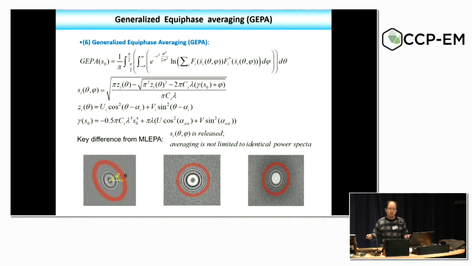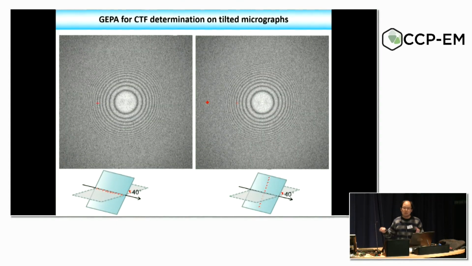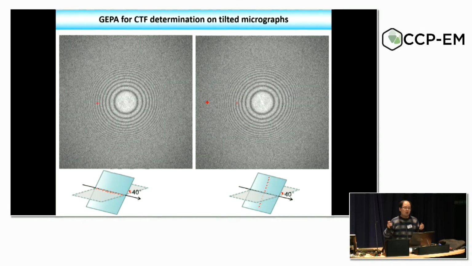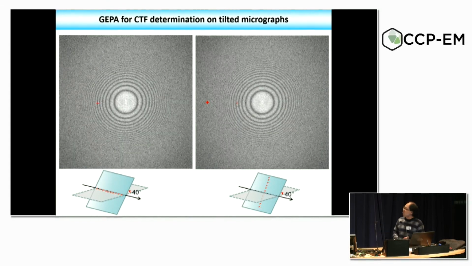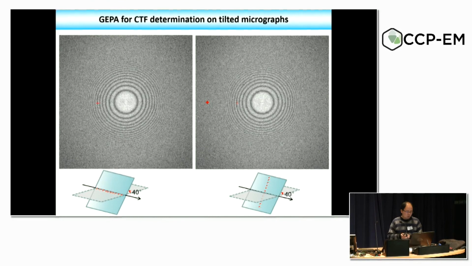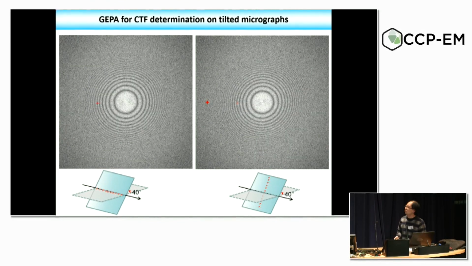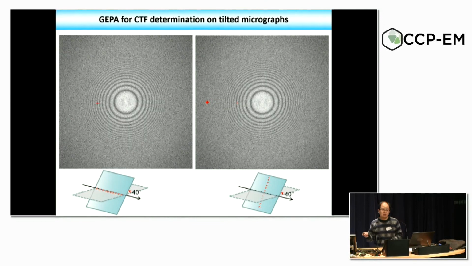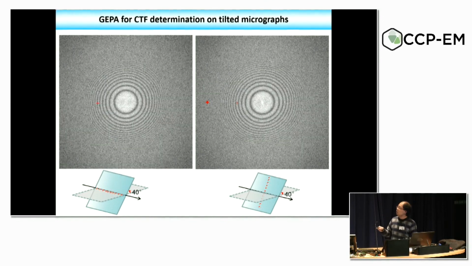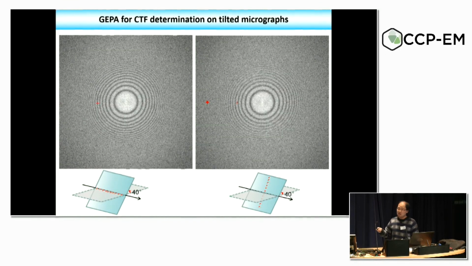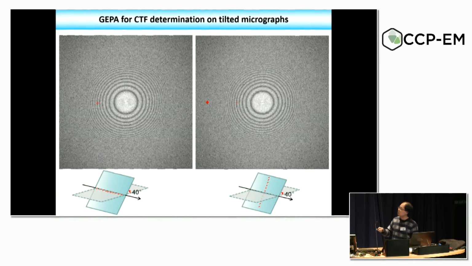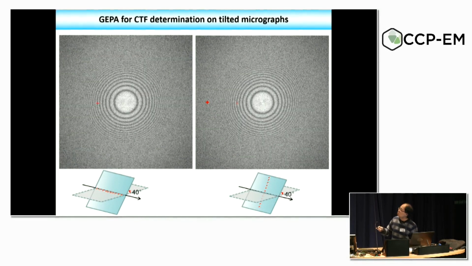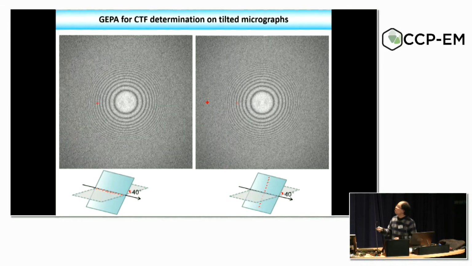It can potentially be applied to a number of different situations, like movies, tilted micrographs, local particle CTF estimation, etc. But I will just show you one example, CTF estimation on the tilted micrograph. You can see the power spectrum along the tilt axis is basically quite similar.